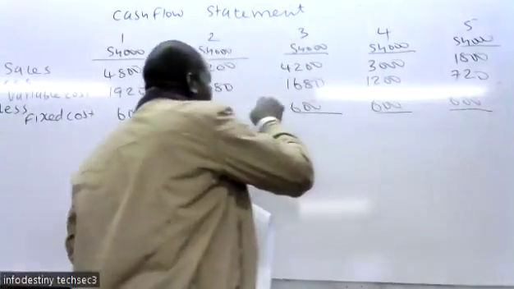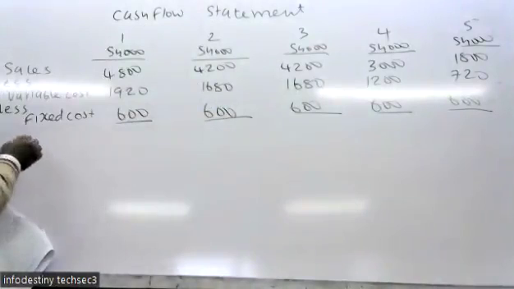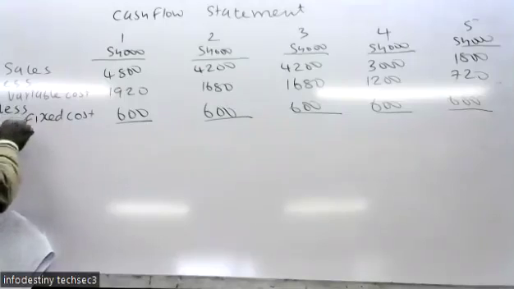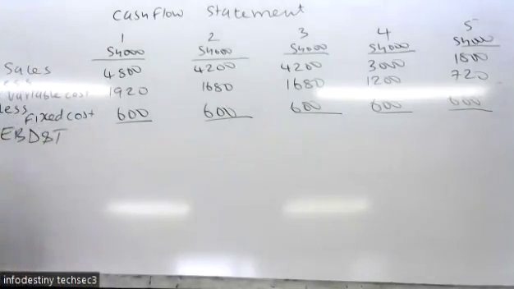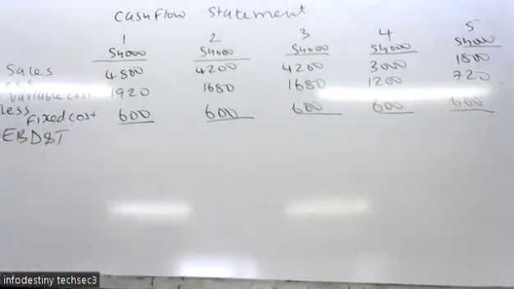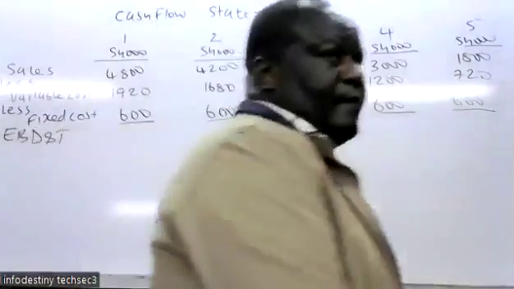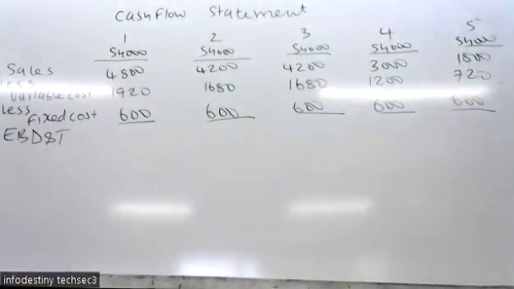So when we subtract those two items from the sales revenue, we should be able to get earnings before depreciation and tax. So what is there for year 1?